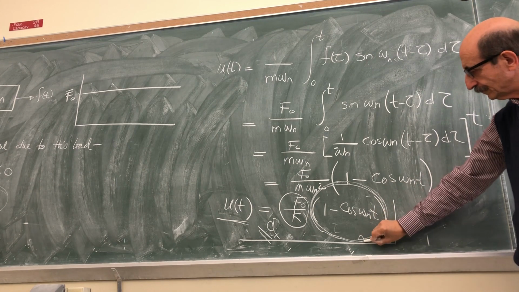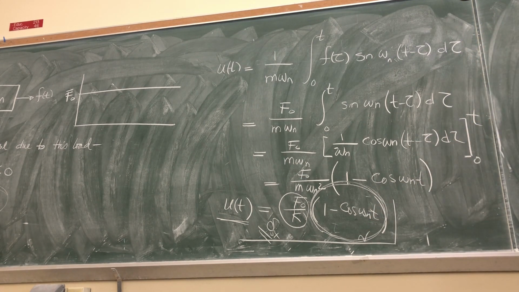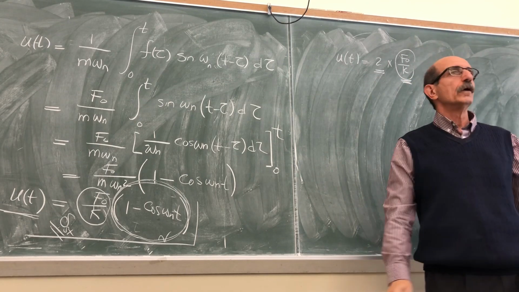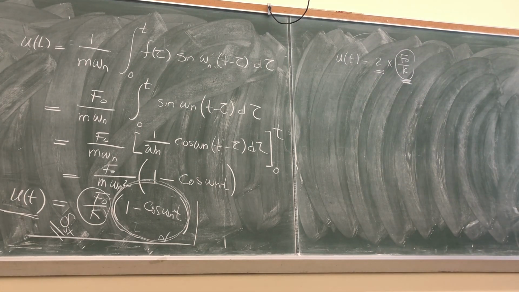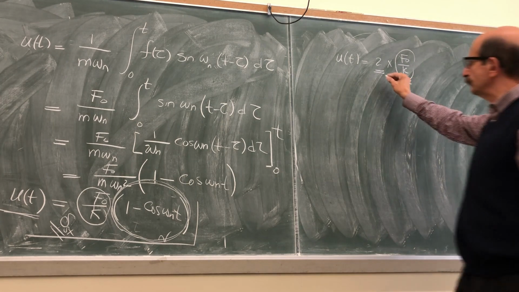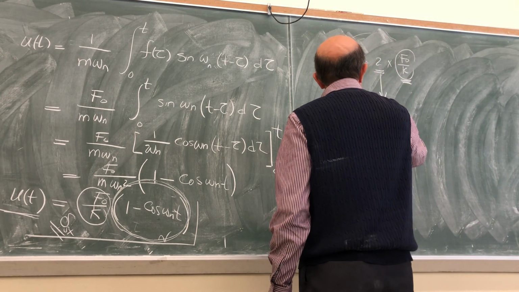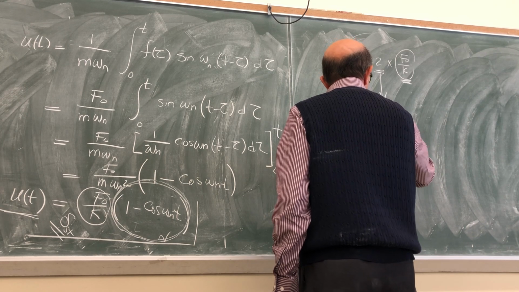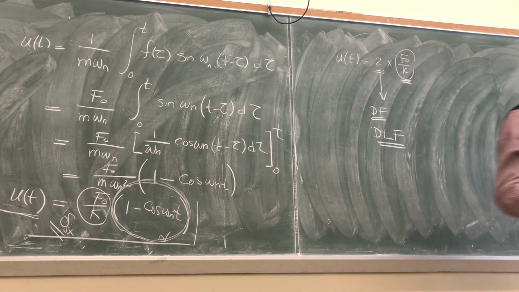That would be 2. So the maximum displacement would be 2 times F0 over k, or twice the static response. And that's where that dynamic factor 2 comes from. We call this the dynamic load factor. That's why for an impact load, we always consider a factor of 2 for the dynamic load. And that's where it comes from.